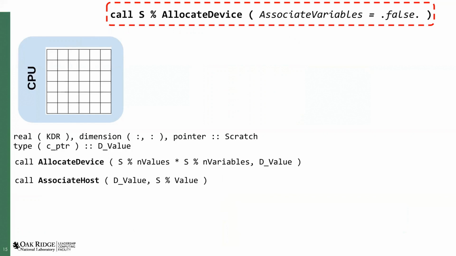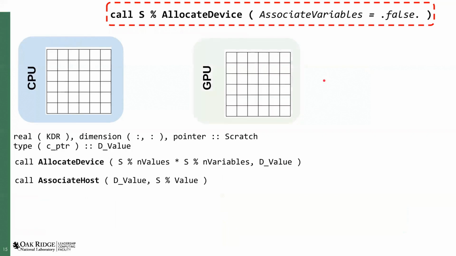Here's the second way to associate variables. In this case, we set associate variables equal false, and we just associate the whole block. So it's really just the head address of this device memory is associated with the head address of this host memory.